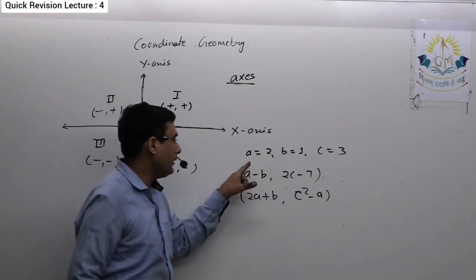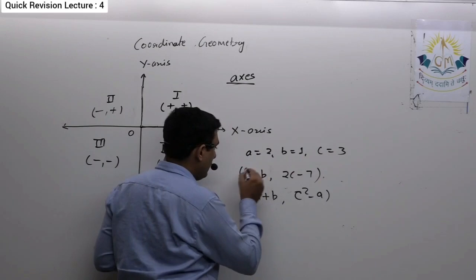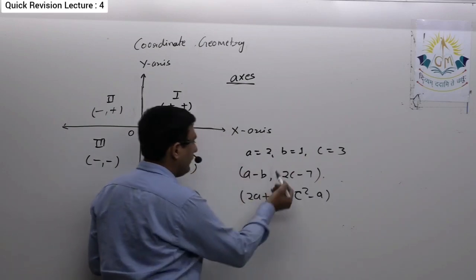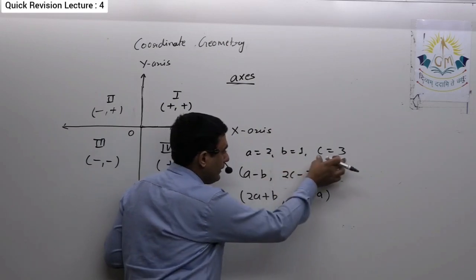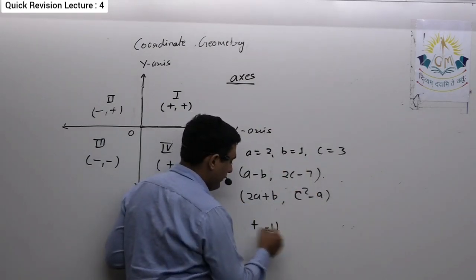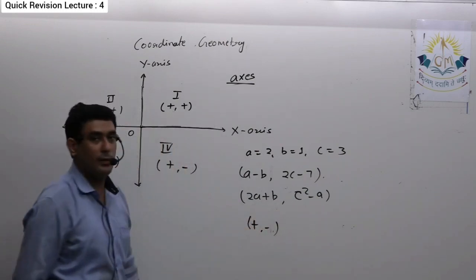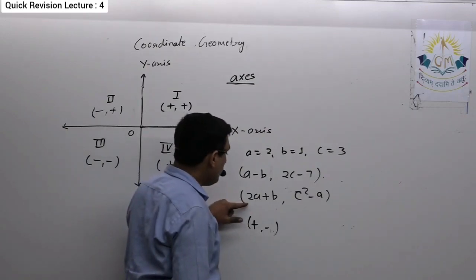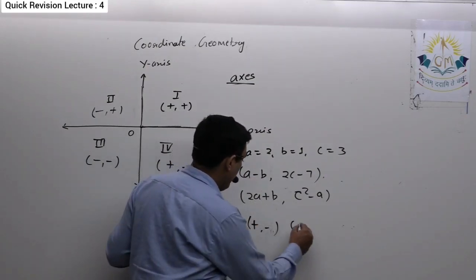Over here you have two options. So a minus b, 2 minus 1 is 1, positive. 2c minus 7: 2 into 3 is 6, 6 minus 7 is minus 1. So positive and negative, again in the fourth quadrant. Now 2a plus b, that is 4 plus 1, that is positive.